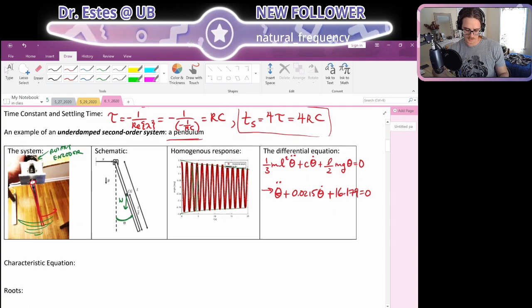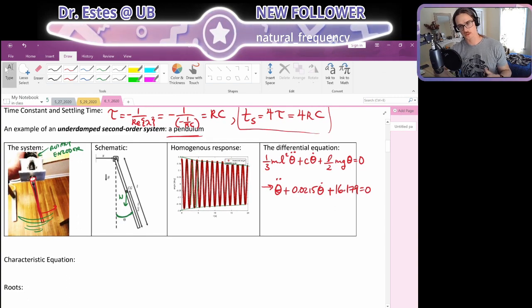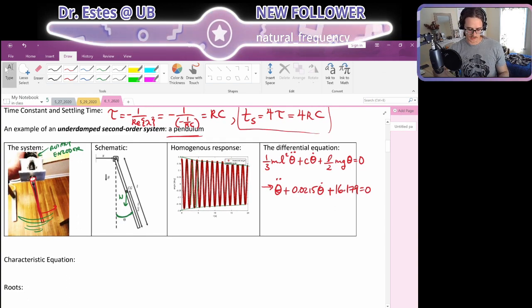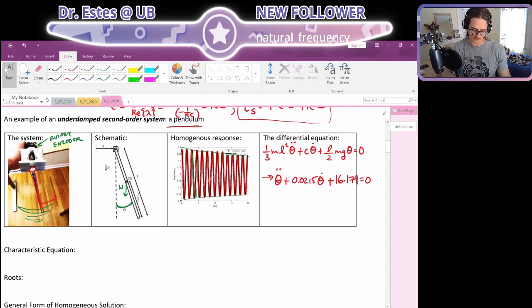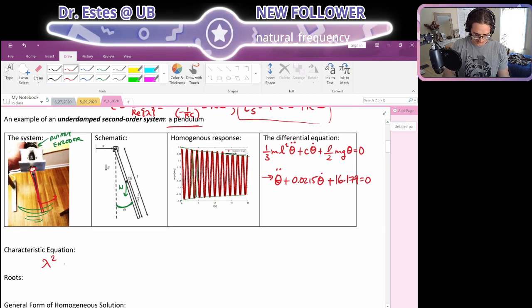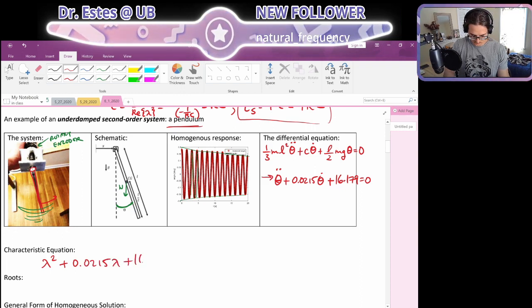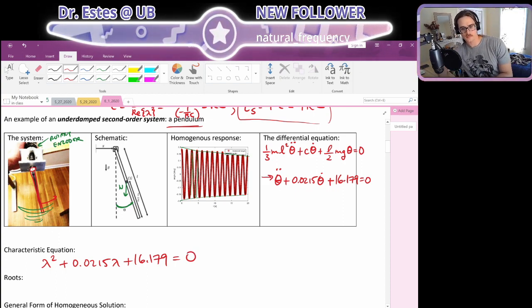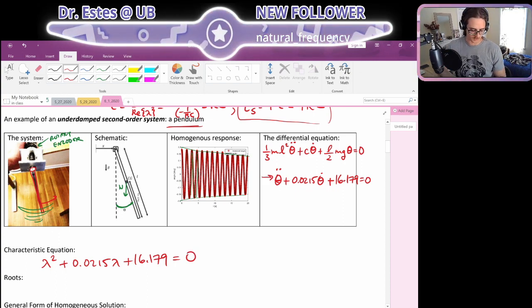So let's go through the same steps here. Let's get the characteristic equation, the roots, settling time. Let's get some information about this. This is the characteristic equation. Skipping some steps, but that's what it is.